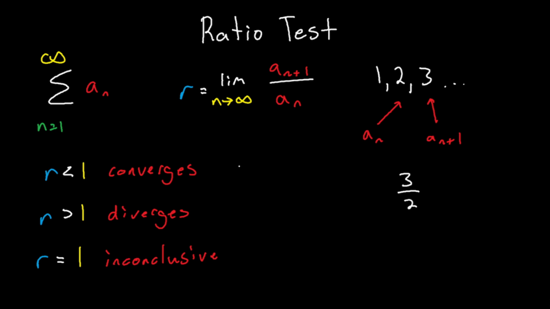The reason why we take the limit as n approaches infinity is because we want to understand the behavior of the function as it approaches infinity. We don't really care about the beginning of the sequence. Maybe sometimes a of n plus 1 is going to be less than a of n until it reaches a certain point, and then a of n plus 1 increases way faster than a of n. But we want to determine this behavior as n approaches infinity since we're taking an infinite series. Basically we're testing the ratio between the next number and the previous number.